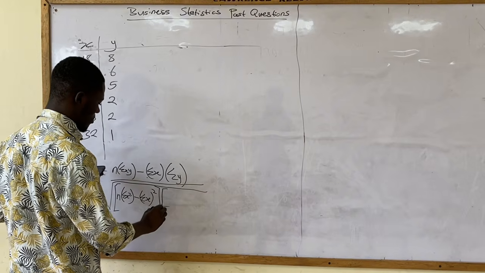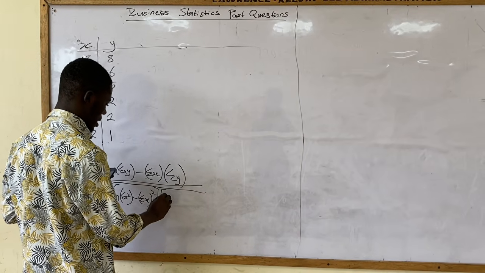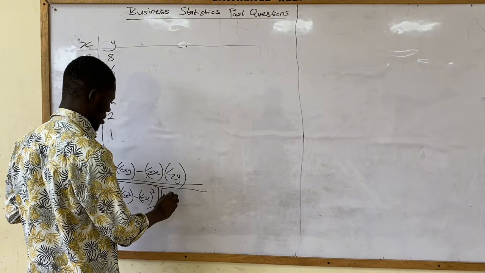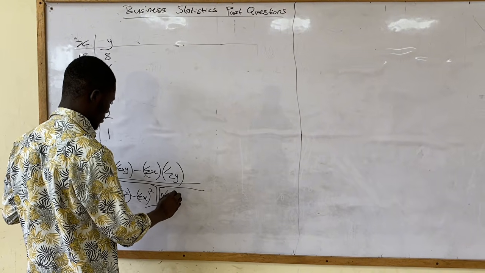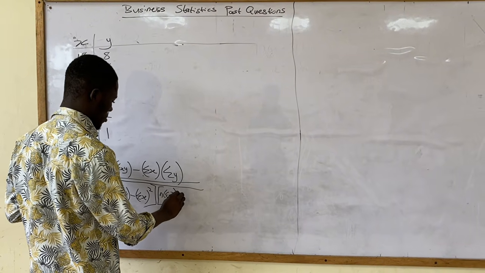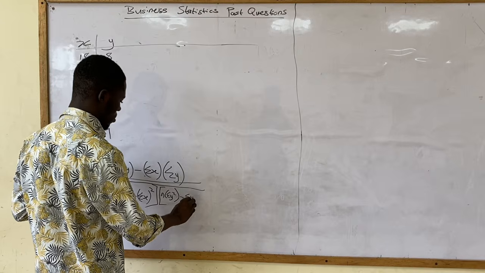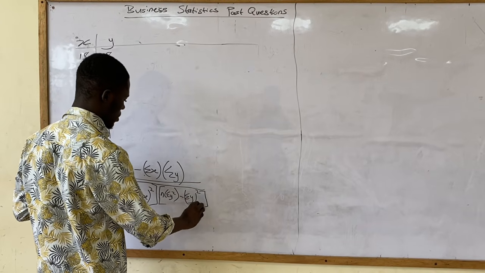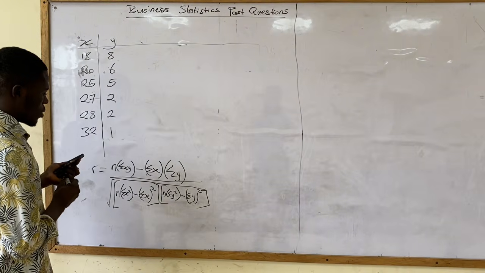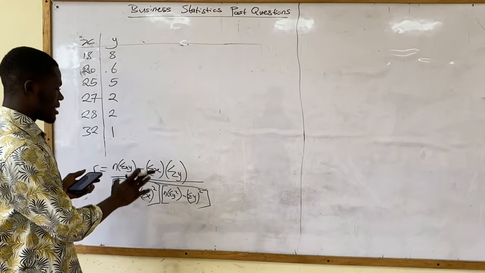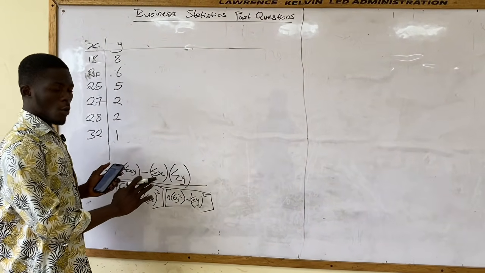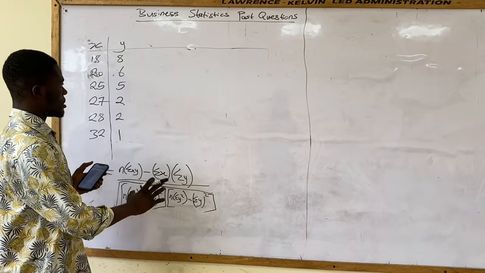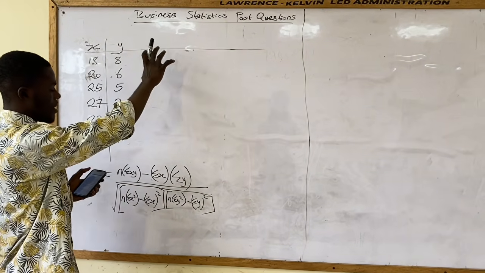We open another bracket, n times sigma y squared minus sigma y all squared. Then you close your bracket. So this is the formula for the Pearson coefficient of correlation.